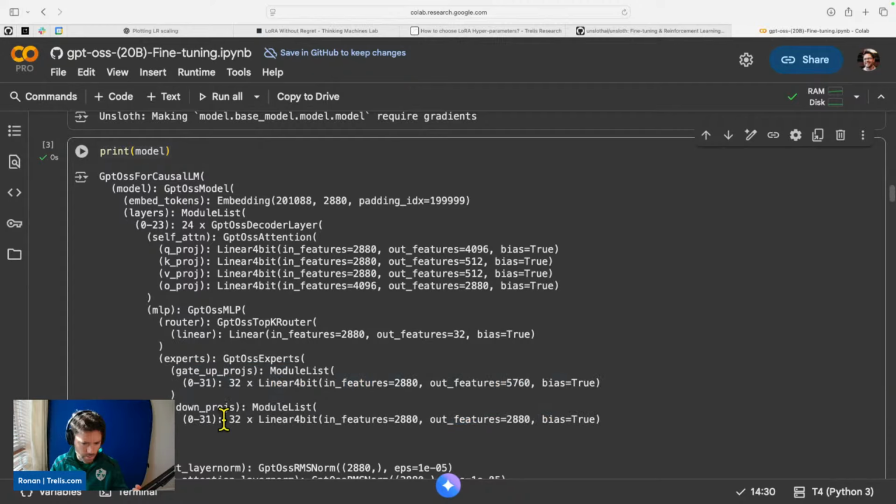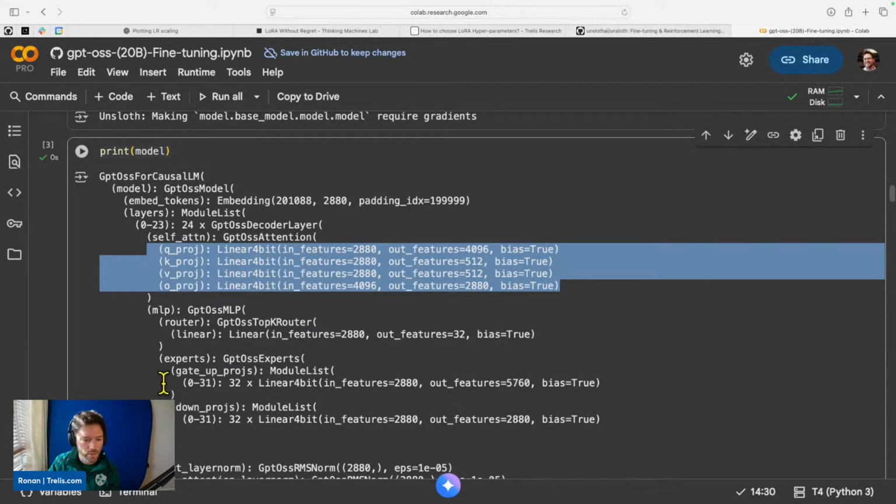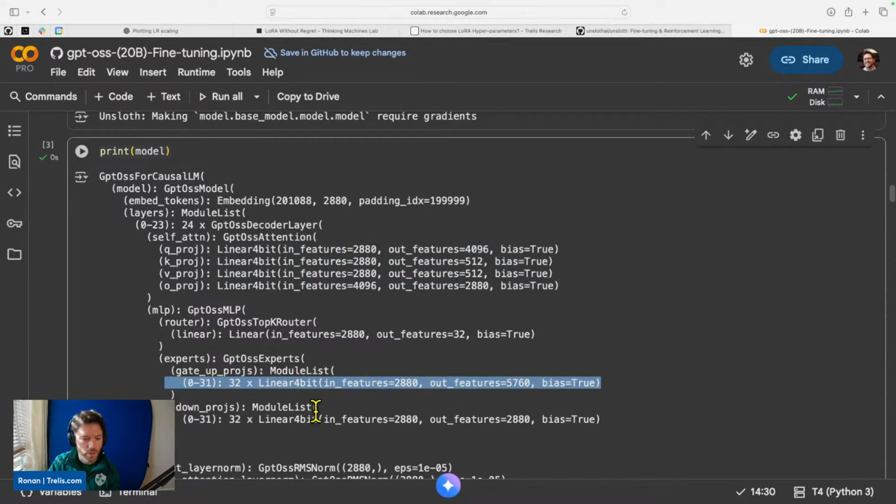And I assume there's maybe some activation function. I don't see it explicitly there, but these are linear layers that you can train. So you could specify gate up projections, down projections, and then the attention has got linear layers, QKV, and the out projection. So these are the ones that we typically will train. And these here account for most of the parameters. Typically, there might be a few billion in the embeddings, but these are typically most of the parameters.